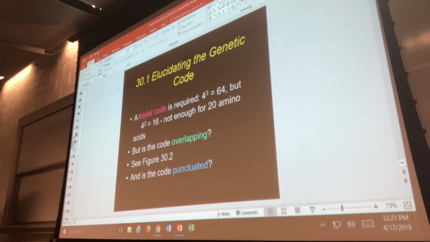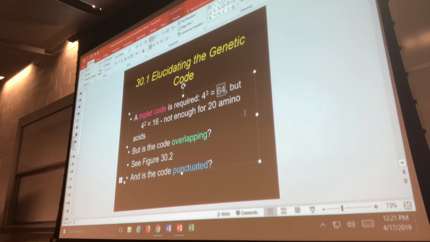But we use the phrase, vocab word here, a triplet code to describe the genetic code. It is a triplet code, not a quadruple or duo or whatever. There's a reason why it's exactly 3. And that's because the 4 bases, if you put them in a bunch of different combinations, if you do it at 3 bases at a time, you can get 64 possible combinations.